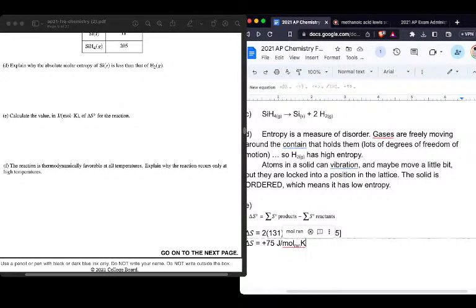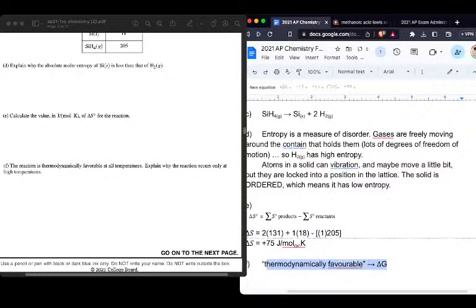Explain why the reaction only occurs at high temperatures. I like that question. Now, especially when they say thermodynamically favorable, this is just my hint for you. Thermodynamically favorable is usually a veiled reference to delta G, or spontaneity.